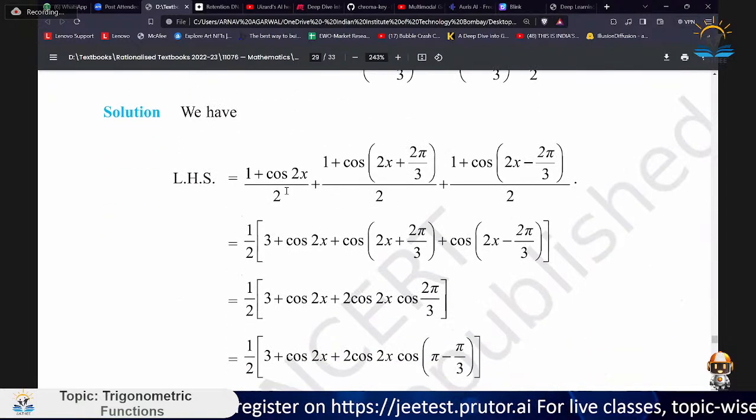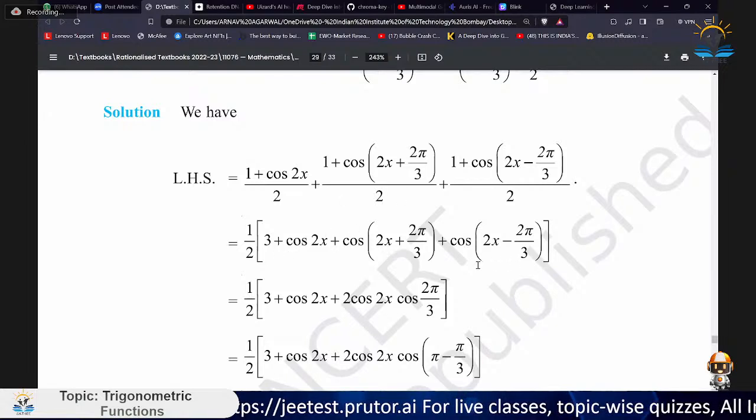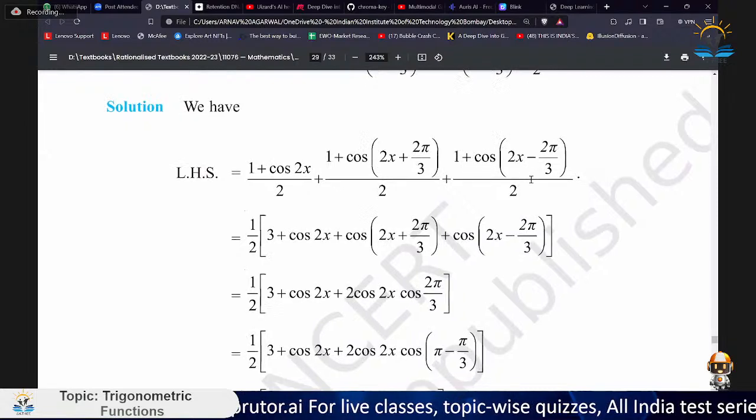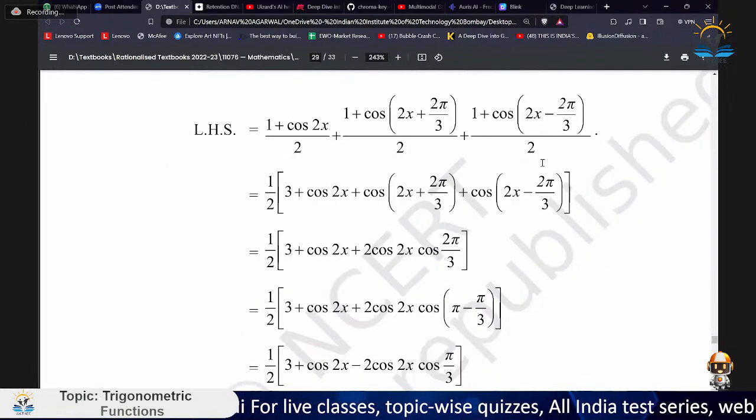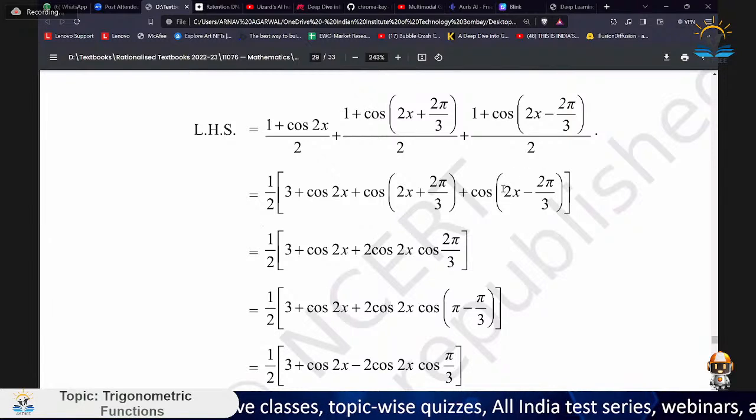Now, when we add all these, we get three ones, and we have these three values. Now you see, we again combine these three by factorization. What should we combine in these three terms? These two terms or these two terms or this term.